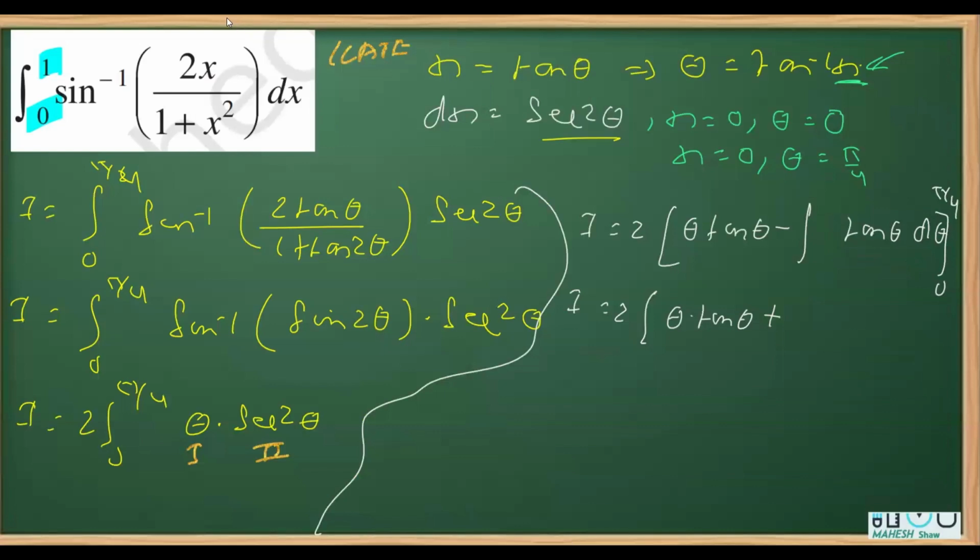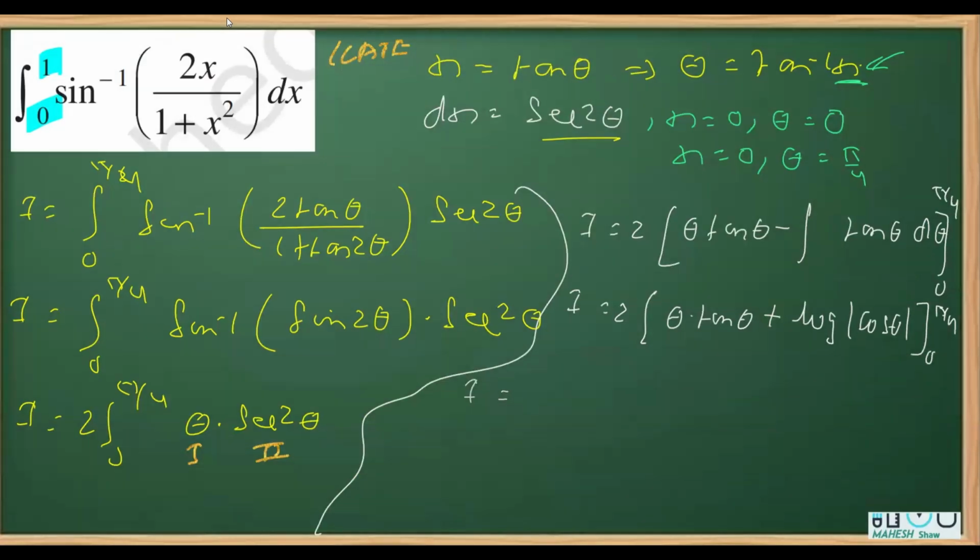The integration of tan theta is minus log cos theta. So this minus will become plus log mod cos theta, with limits 0 to pi by 4.